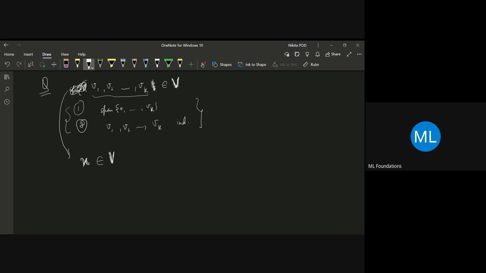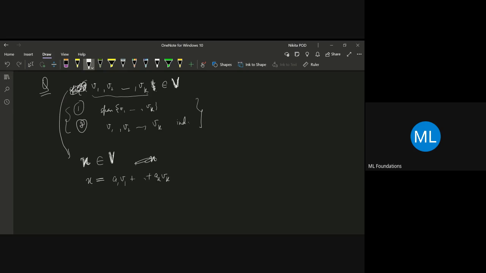Okay, ma'am, how is it unique? Let's say I'm taking one vector x from V. From the first property, you should be able to write x as a linear combination, a1 v1 plus up to ak vk.